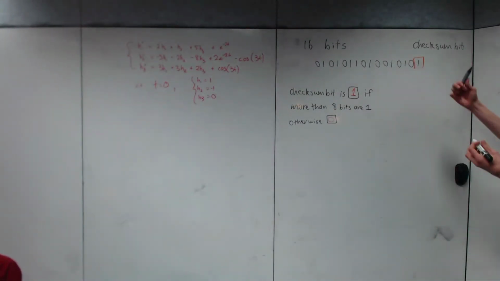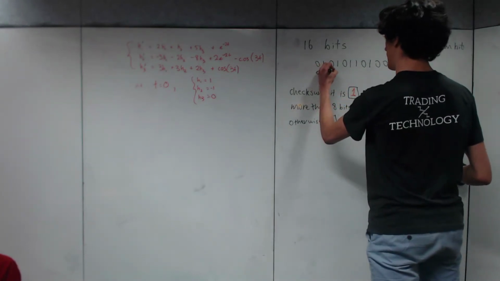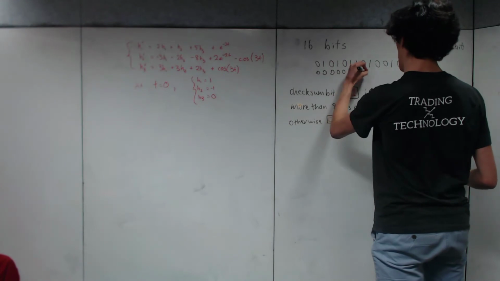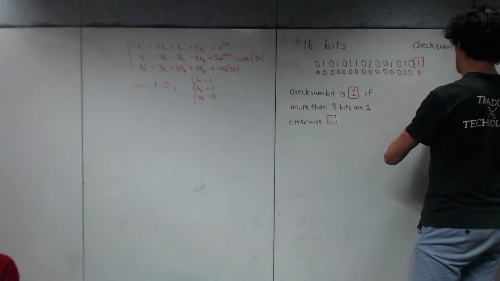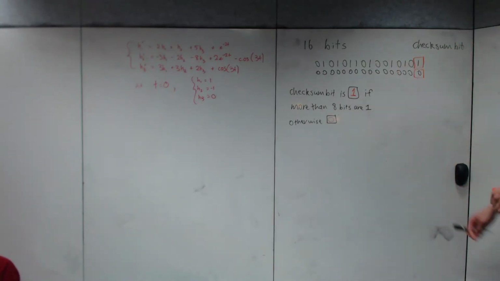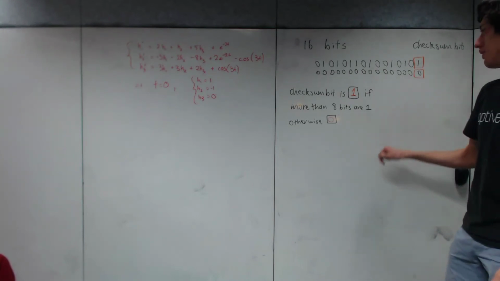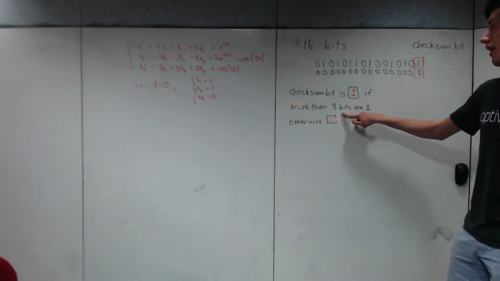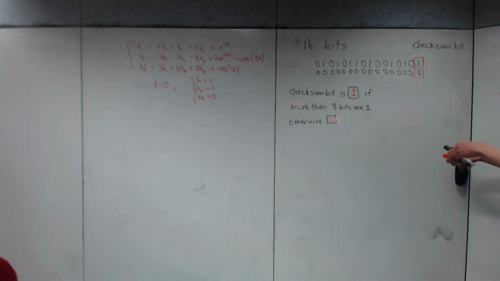So let's write up an obvious one with a valid checksum: all 0s. This one's very obviously correct. No bits are set to 1, so we don't have more than 8 bits set to 1, so the checksum should be 0. In this case, we return a 1, because this is correct. The previous one is incorrect.